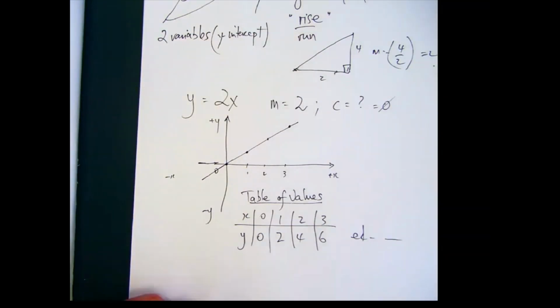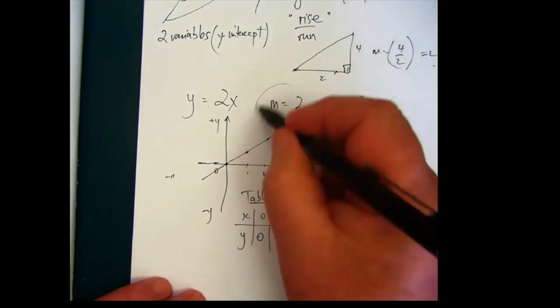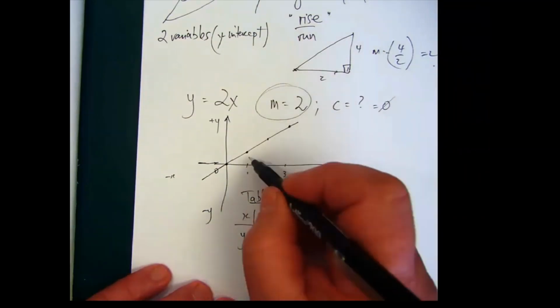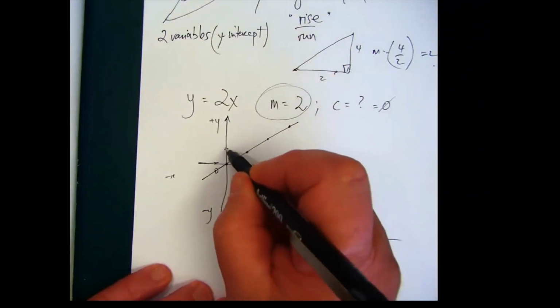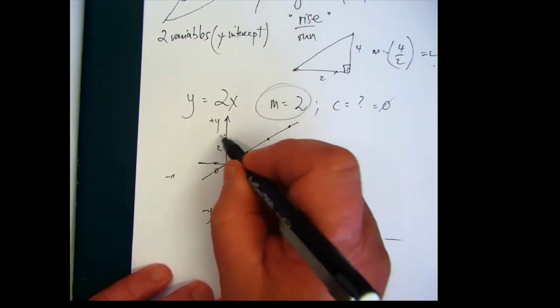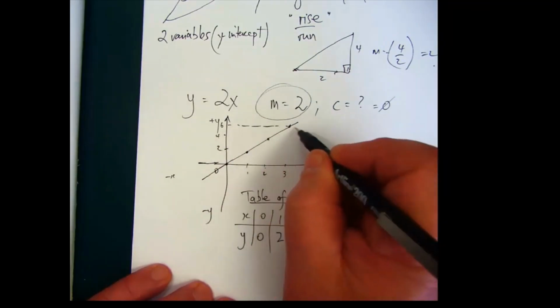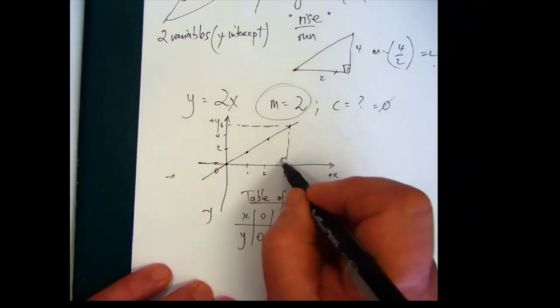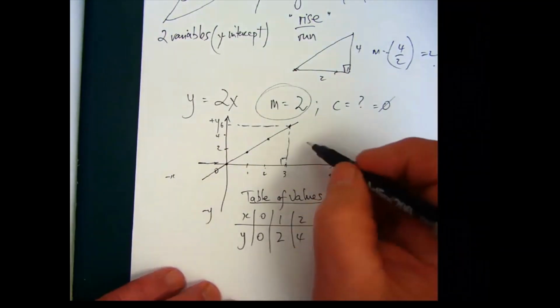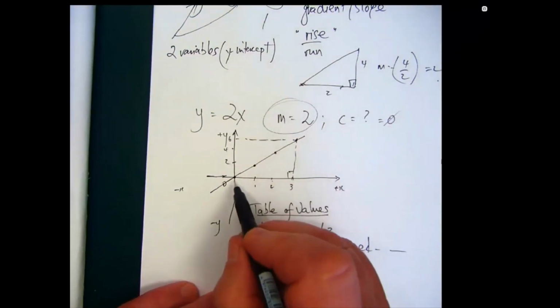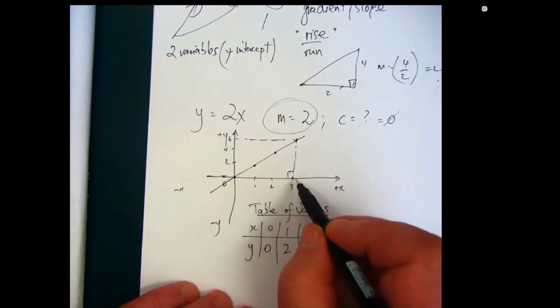Now, to work out why the gradient is 2, we know it's 2, but let's just check this. This is 1, that's gone up to 2. 2, that's gone up to 4. 3, that's gone up to 6. If I make a right-angled triangle here, then looking at this previous idea of rise over run, as I run 3 units on the x-axis, I rise 6.